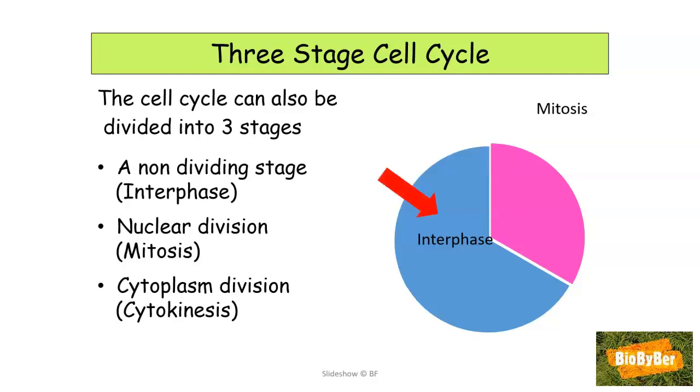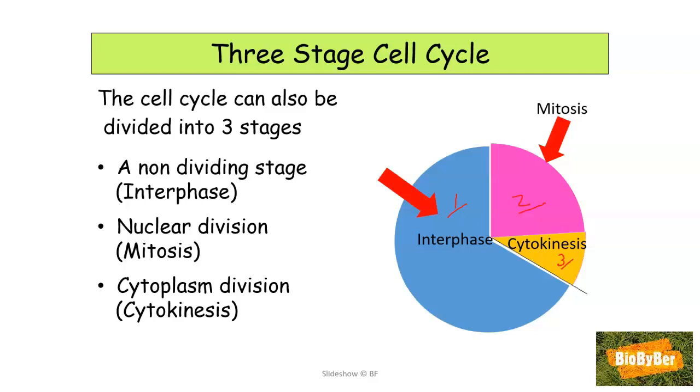There is a non-dividing stage called interphase, a dividing stage called mitosis, and lastly, a cytoplasmic division stage called cytokinesis. So there you have stage 1, interphase, stage 2, mitosis, and stage 3, cytokinesis.